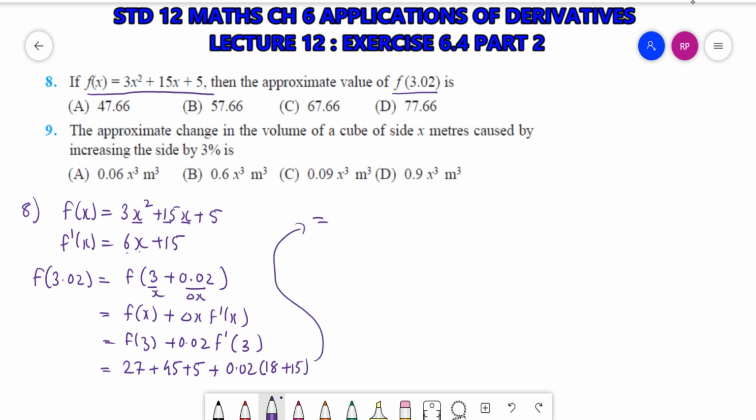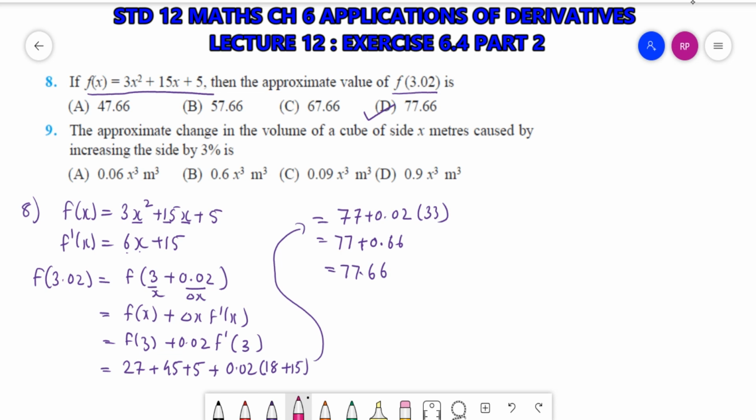Solving it here, 45 plus 5, 50, 50 plus 27, that is 77, plus 0.02 into 33. 18 plus 15 is equal to 33. So this will be 77 plus 0.66. So answer is 77.66. So option D is the correct one. So this was about question number 8.